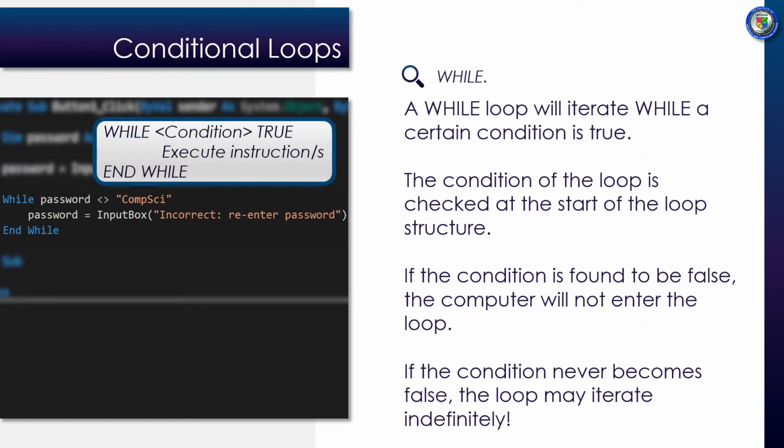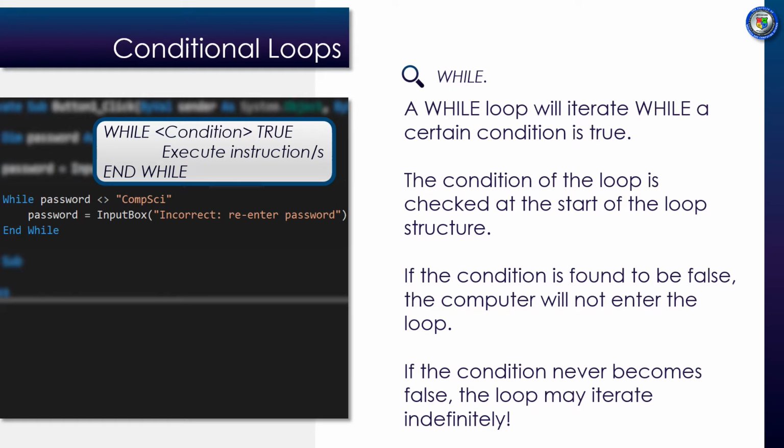In this example of the while loop, we can see the structure. While the condition is true, it will execute the instructions inside the loop. The condition of the loop is checked at the start of the structure. In this example, while password is not comp sci. If this condition is found to be false, the computer will not enter the loop.